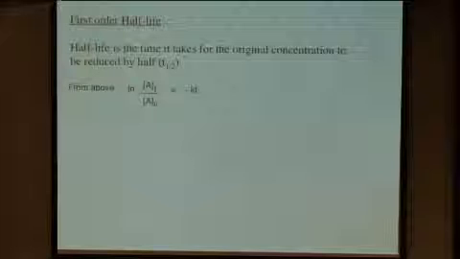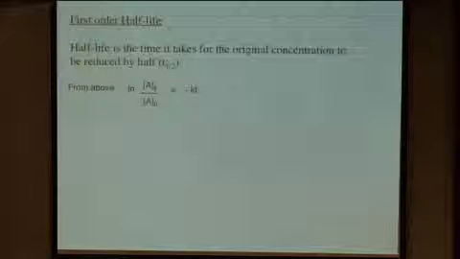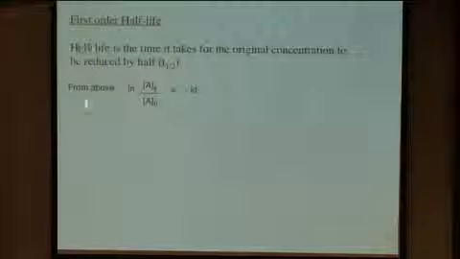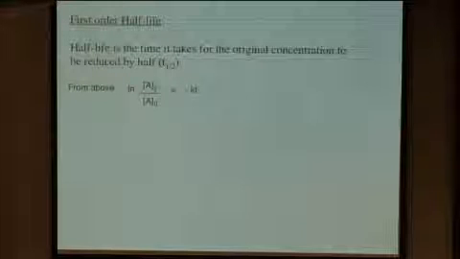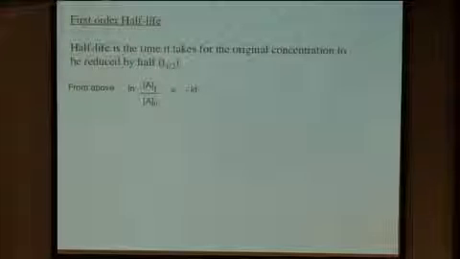So we can look at an equation that we had up above for our integrated first-order rate law, and we can think about this in terms of a half-life expression. So here, t has a particular special meaning. We have t 1/2, which is the abbreviation for half-life. And so half-life, by definition, is the amount of time it takes for the original concentration to be reduced by half.